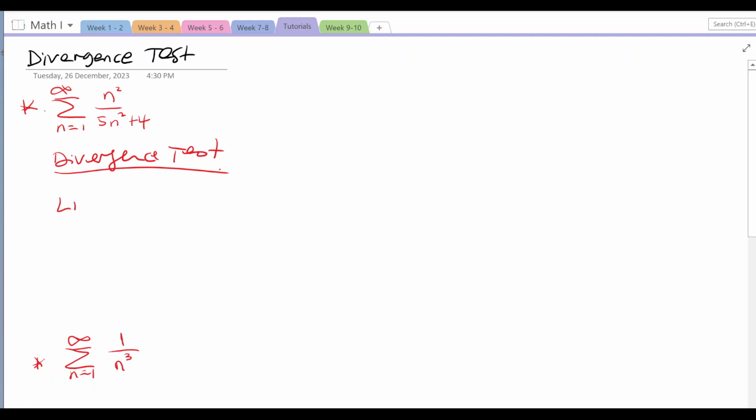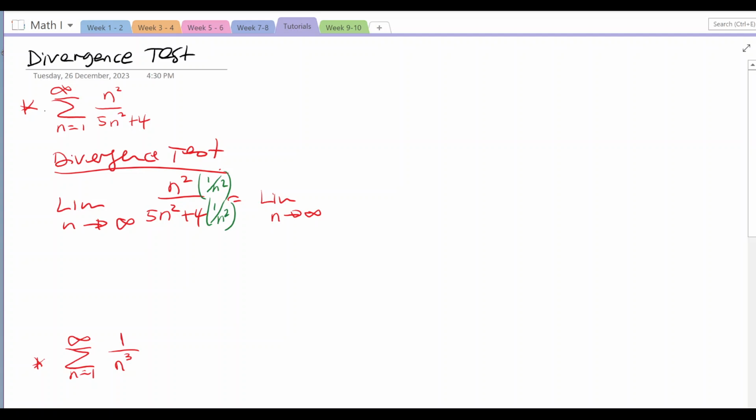So solving the limit as n approaches infinity of n square over 5n square plus 4, in this case, we can multiply both the numerator and the denominator with 1 over n square. Let me just highlight here. Okay, 1 over n square, and similarly 1 over n square. You must do it on both the numerator and denominator to be valid.